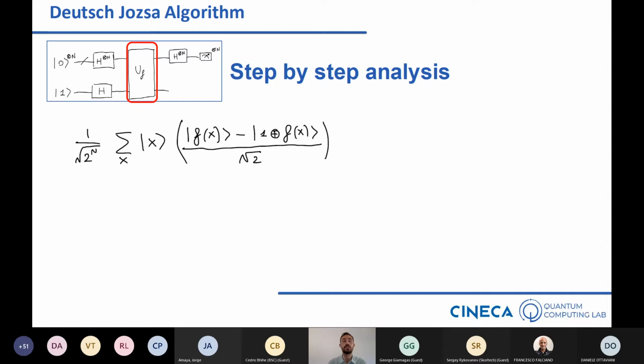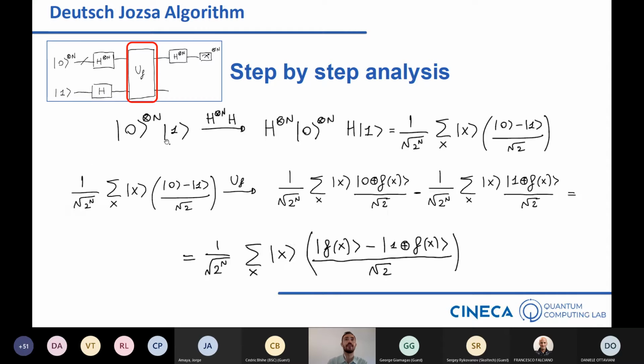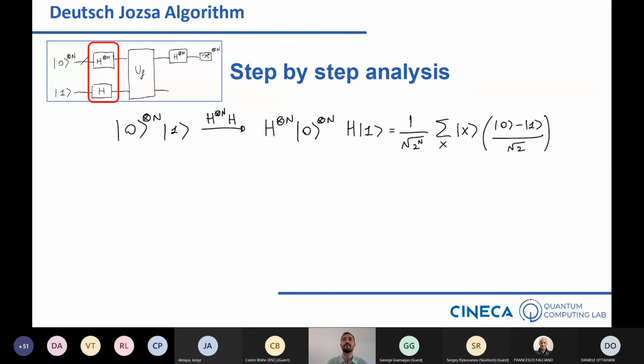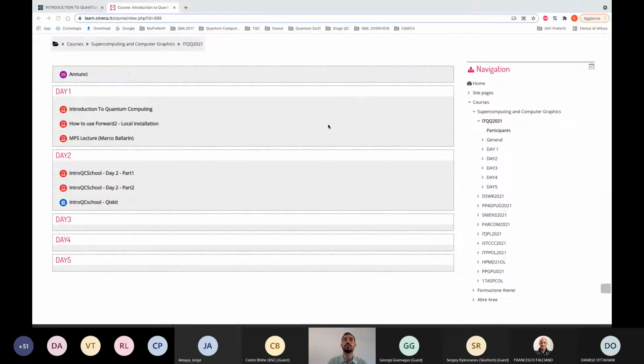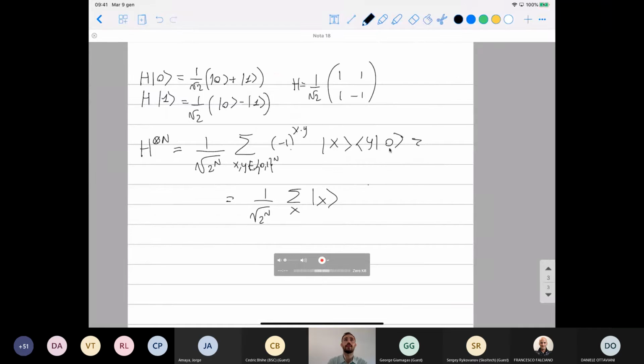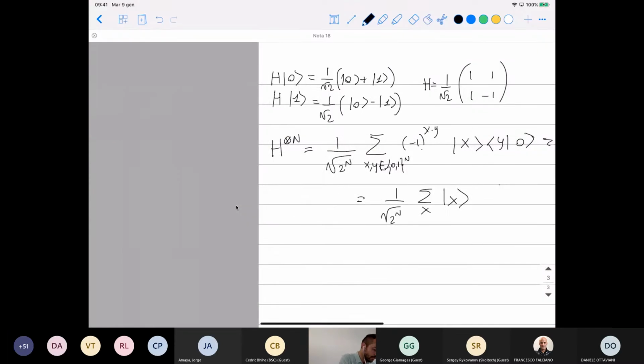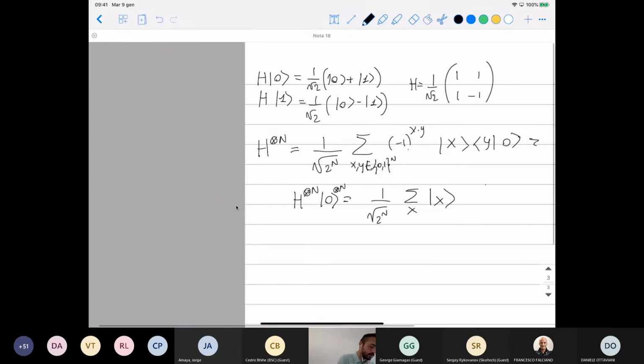I want to understand which is the x. X is what happens when you perform H tensor n on 0 tensor n. It's what we wrote here, what you should have in front of you. So when you apply H tensor n to 0, you get this one.